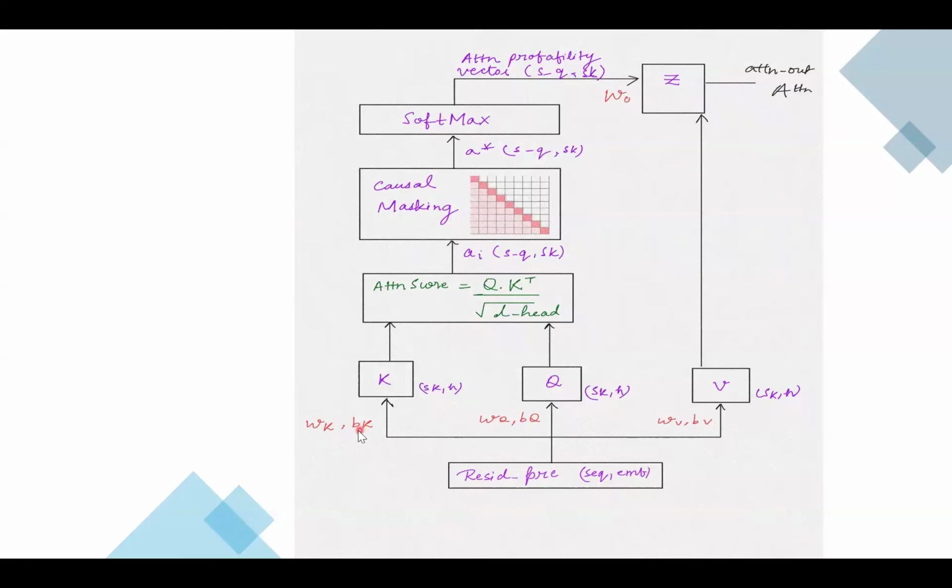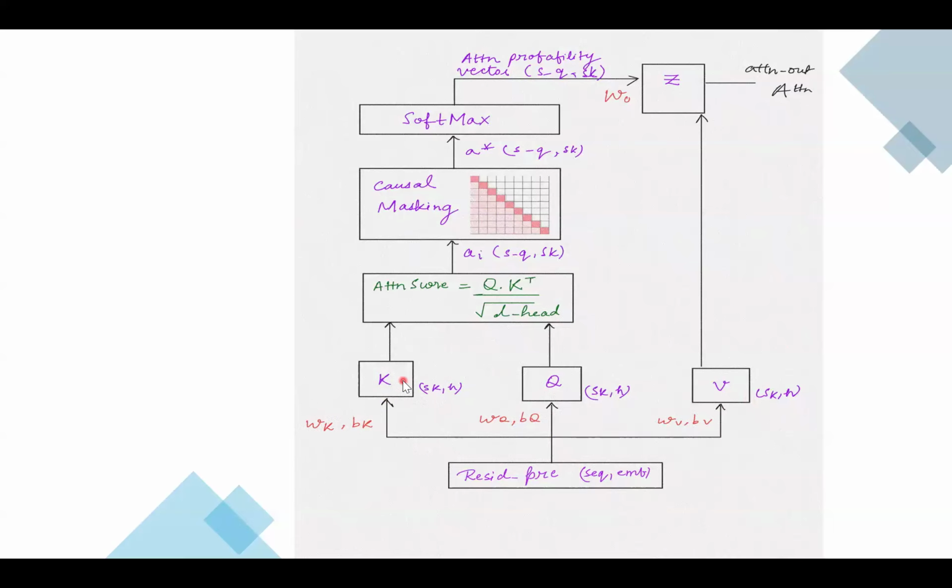So we have WK, BK, we have WQ, BQ, and we have WV, BV. These are the parameters which the model has learned. What is happening is you are doing a linear transformation over the input vector, and you get the key vector, query vector, and value vector. So this is basically Q, K, and V.